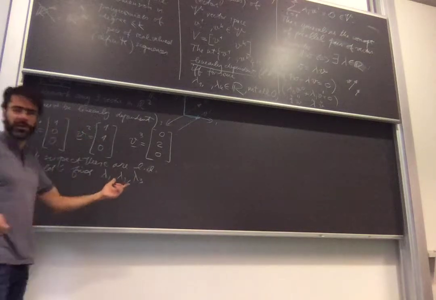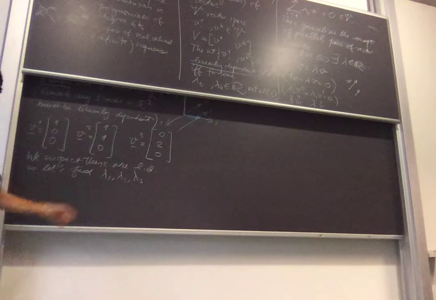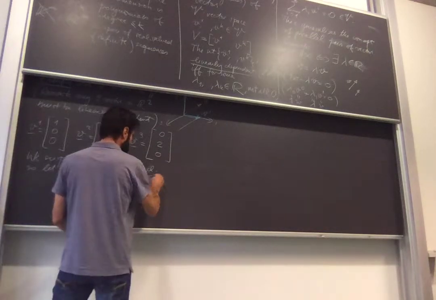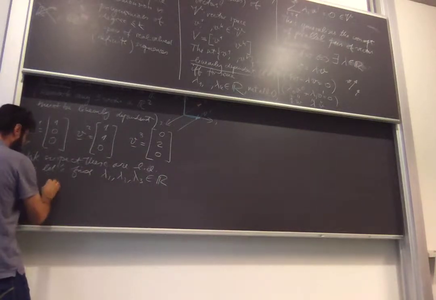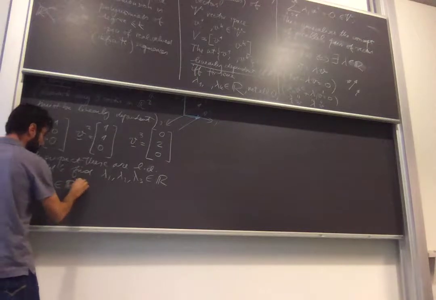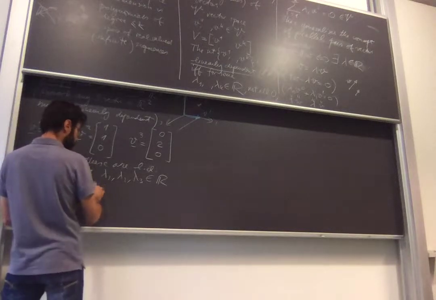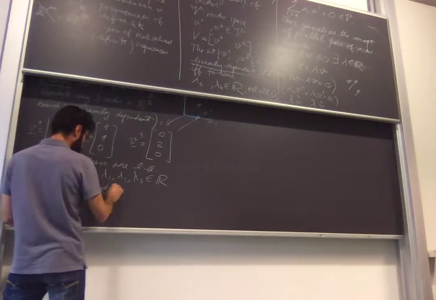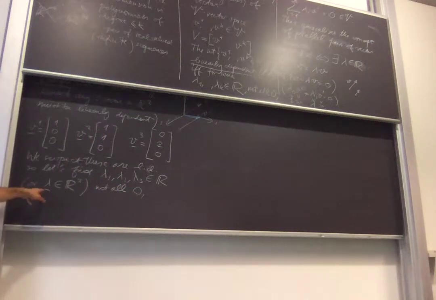By the way, how do we write very quickly three scalars? We write the vector. So let's find, instead of saying this, we could have said a vector in R3, such that not all 0. In other words, we want the vector lambda not to be 0.